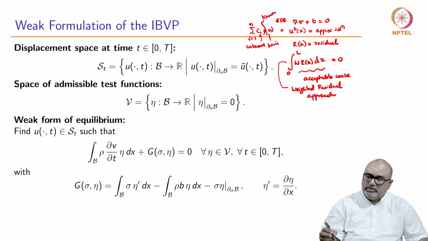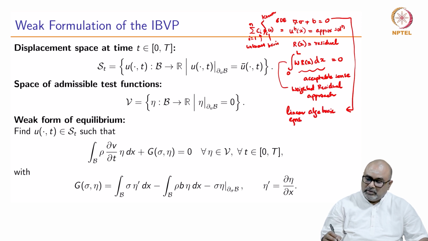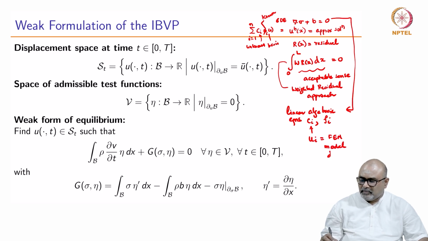convert the original differential equation into a set of linear algebraic equations, in terms of unknown coefficients Ci and in terms of the force Fi. These unknown coefficients in FEM are going to be the nodal displacements, and they become the unknown coefficients of approximation.